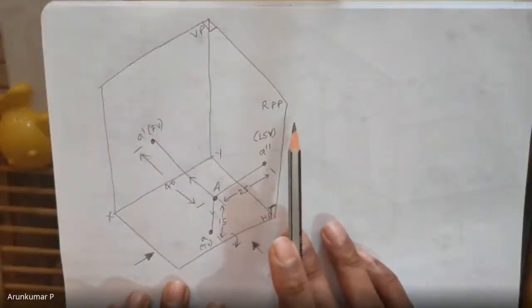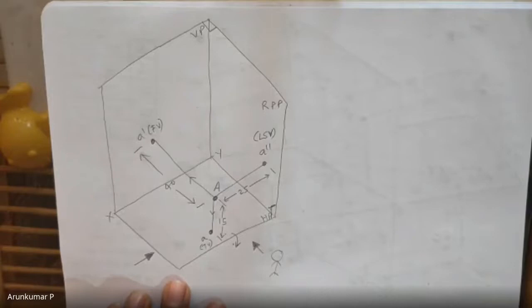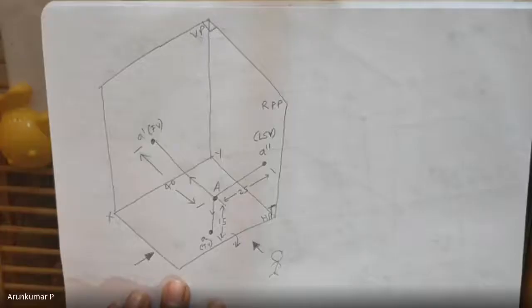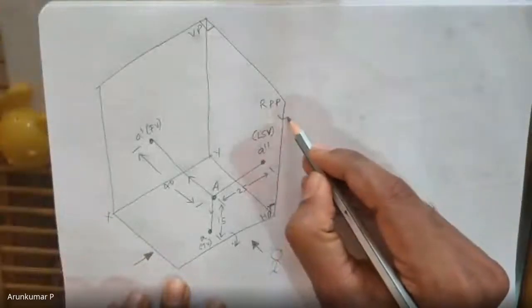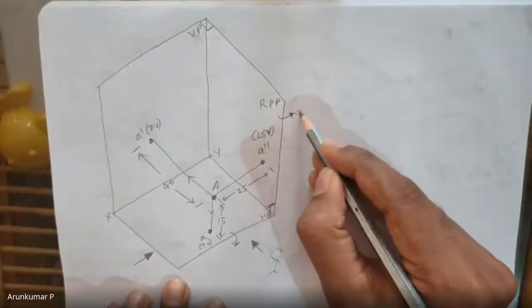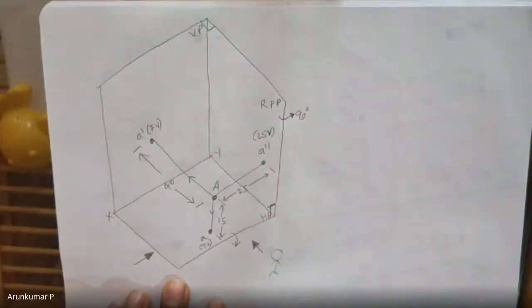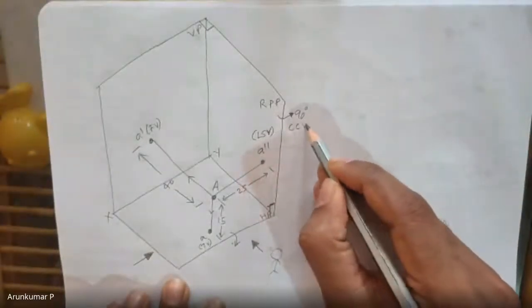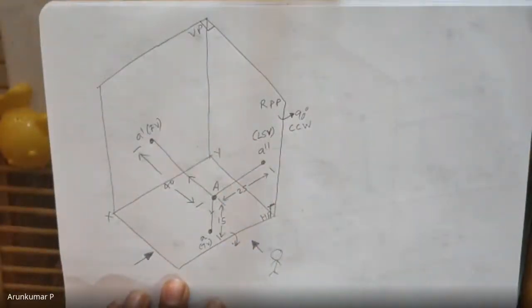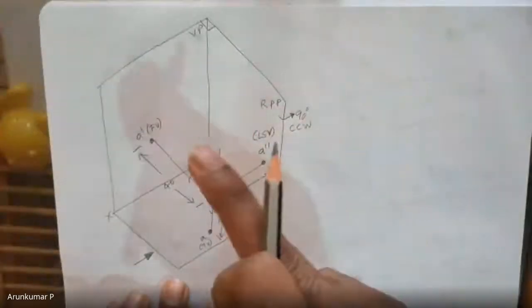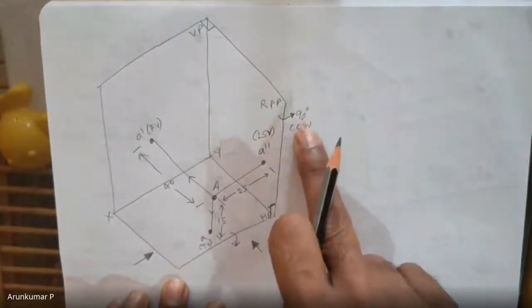RPP, in which direction, by how much should I rotate in order to make it coplanar? So right by 90 degrees, sir. Yes. So you have to rotate RPP by 90 degrees. You can see. In which direction? Anti-clockwise or counterclockwise. You are rotating in the opposite direction. So it is counterclockwise direction by 90 degrees.